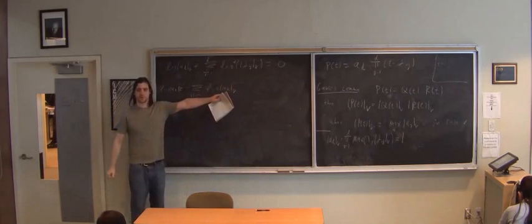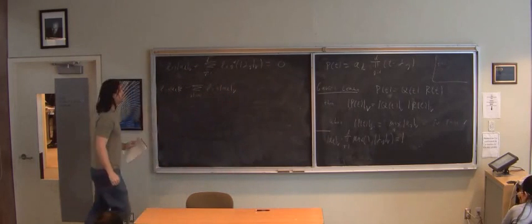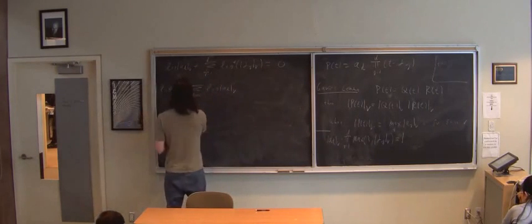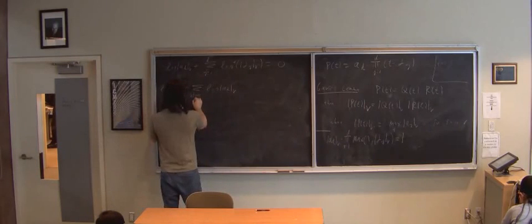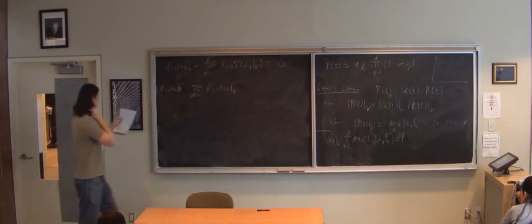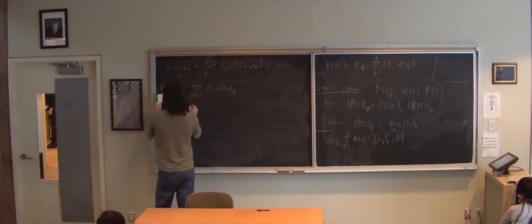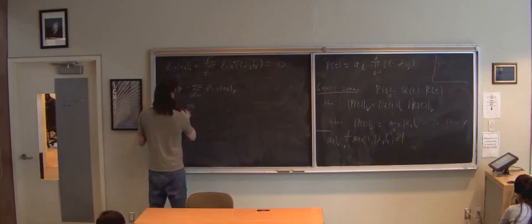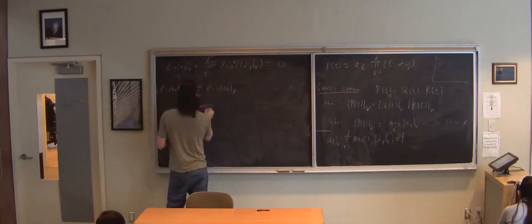This is by the product formula. And now for each finite place, sorry, sum over v that doesn't divide infinity, by the product formula. And then we write this as a sum over v not dividing infinity of these.